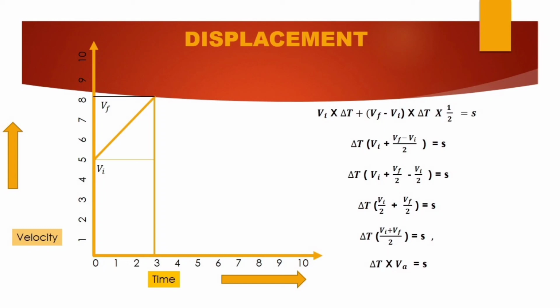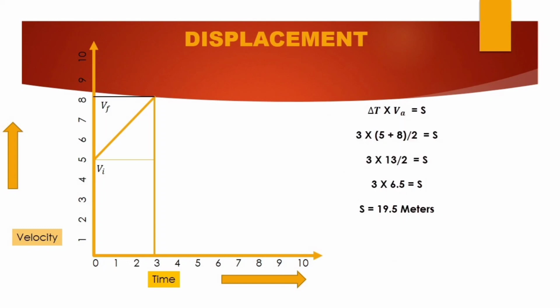From this equation, let's find whether the displacement is equal to the area calculated by plotting the graph of velocity against the time duration. So displacement is equal to the product of delta t and average velocity. Delta t, that time duration, is 3 seconds.